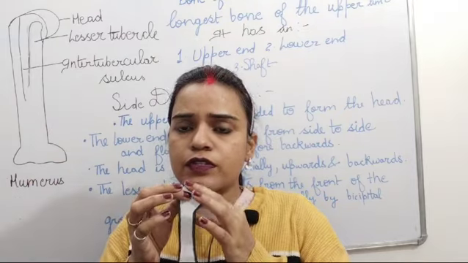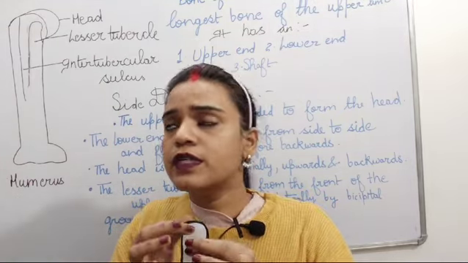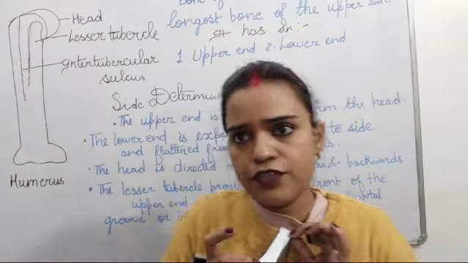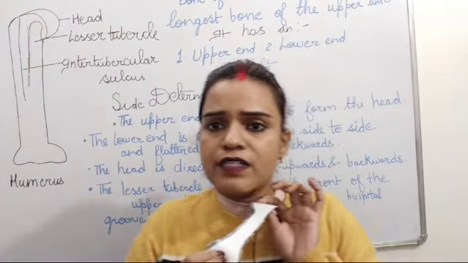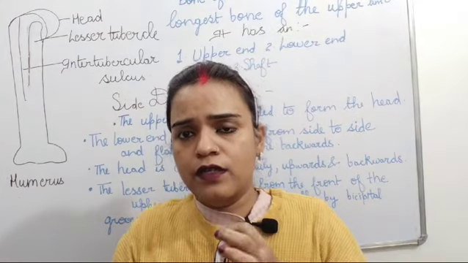Okay, so to identify the front side of the humerus, this lesser tubercle and intertubercle sulcus are sufficient, and the backward side would be flattened at the lower end.